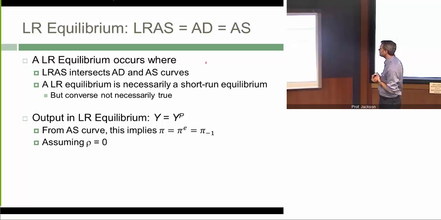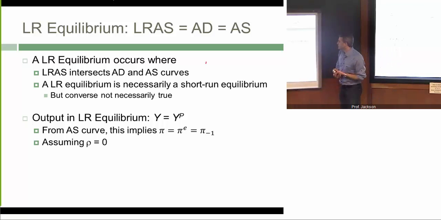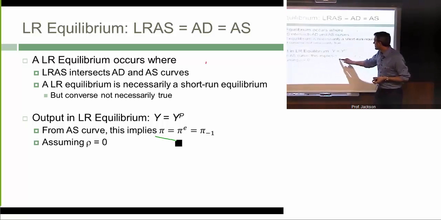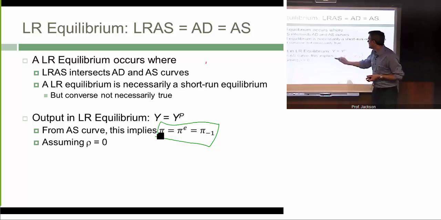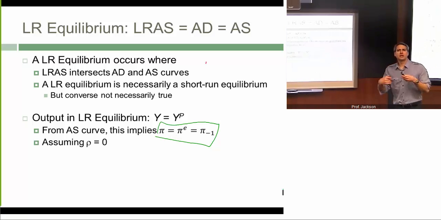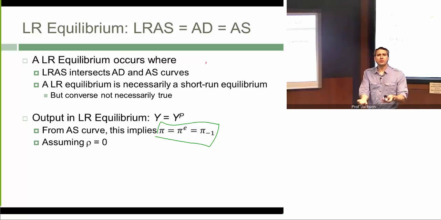Okay. So as I mentioned, in the long-run equilibrium, output is equal to potential. And from the aggregate supply curve, the implication then is that inflation is just going to be equal to inflation expectations. And so what that means is that in the long run, people are going to be correct. Their inflation expectations are going to be exactly equal to whatever actual inflation is. It doesn't make sense for it to not be, because then people would not be correct.